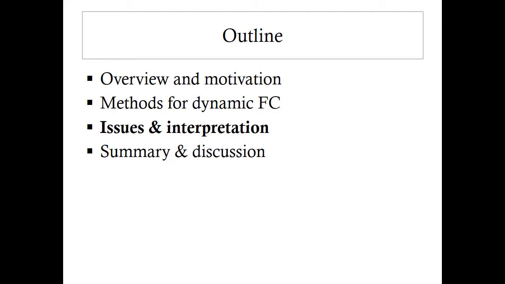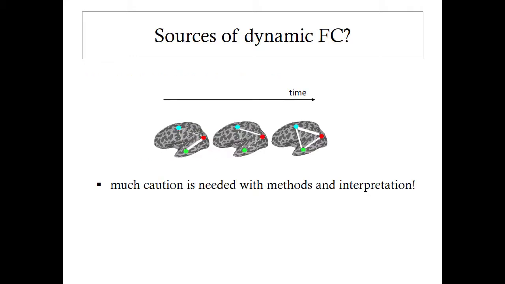So now I wanted to go more deeply into what kinds of issues might be involved in terms of the analysis and how we might try to interpret some of these dynamic changes. So when we make these dynamic maps and we see that things are changing, how do we know that these things are interesting?